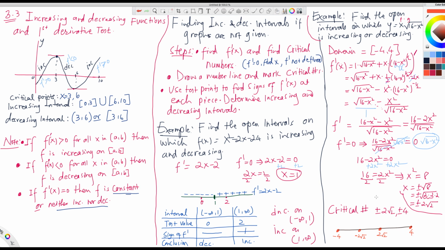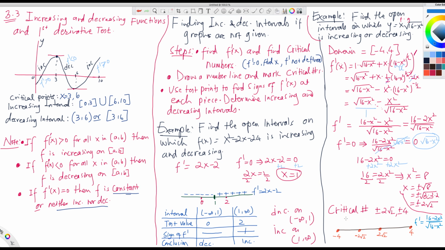So what is your f prime? F prime is that quantity, right? So let me write down f prime here: f prime equals 16 minus 2x square divided by root under 16 minus x square. Okay, I don't have space to make a table, but what I want to do is pick a test point. What is negative 2 root 2?